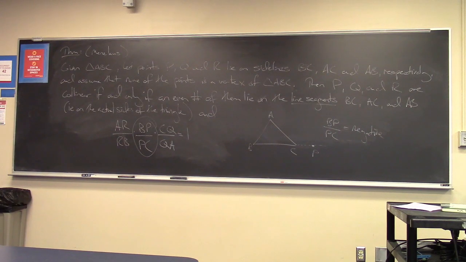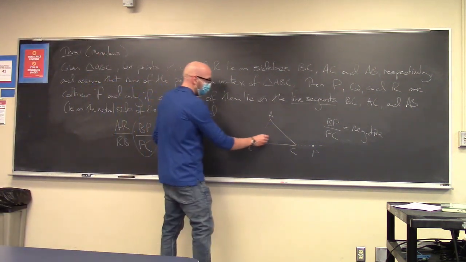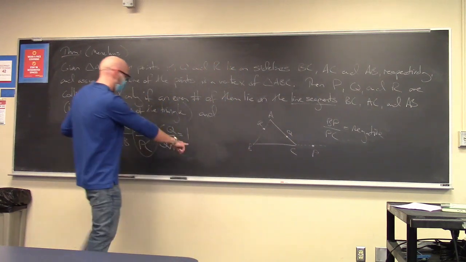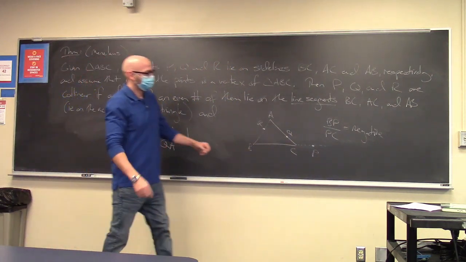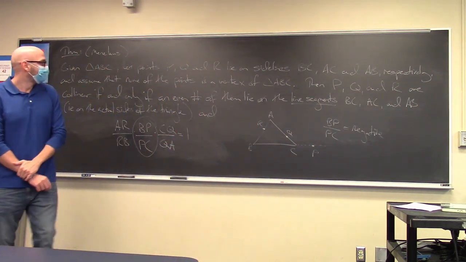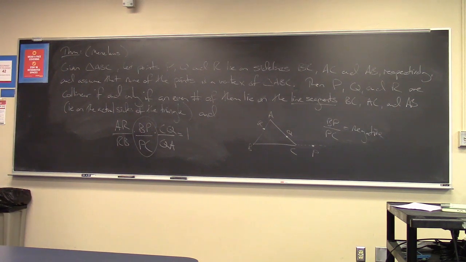They're saying that an even number of P, Q, and R are not on the extended lines, and an odd number of them are on the outside. So in this case, if an even number of them lie on the line segments, then an odd number are outside, so you choose, say, P, Q, and R, and you compute this ratio, then you're looking at an odd number, right? It's got to be odd. So in this case, it would equal -1. But for Ceva's theorem, it should be +1. Why am I getting confused here?